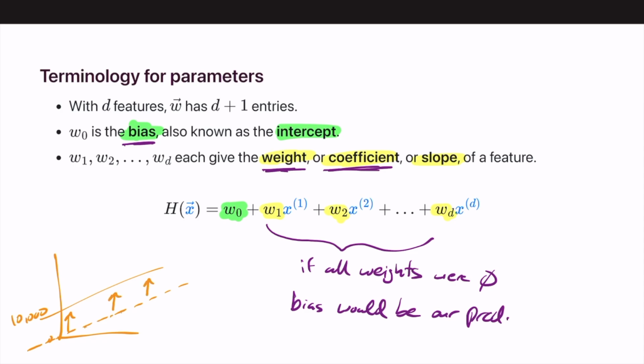So every single thing that we could predict, any of these predictions have now shifted up by 10,000, which is why it's called the bias, because we're biasing the model by 10,000 units, or whatever that value would be. And that's how we call that the bias.